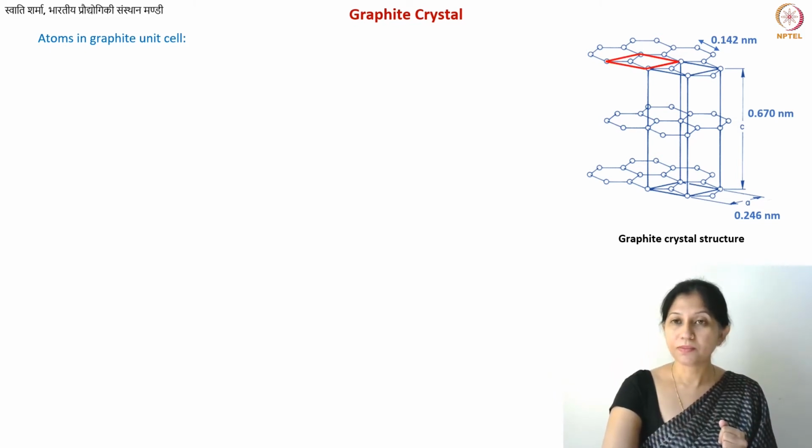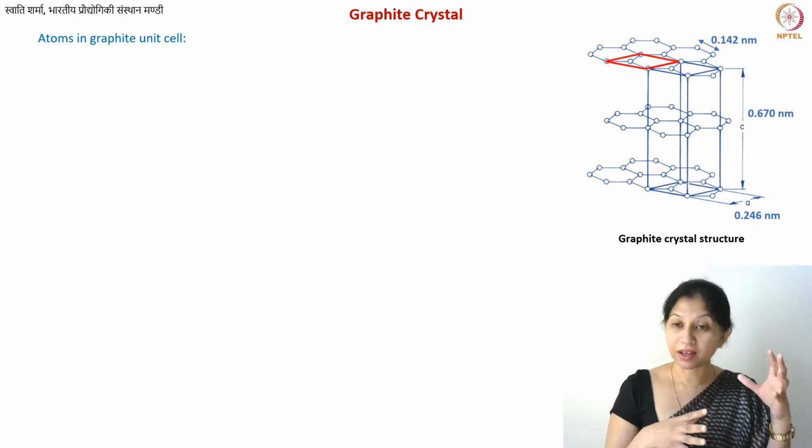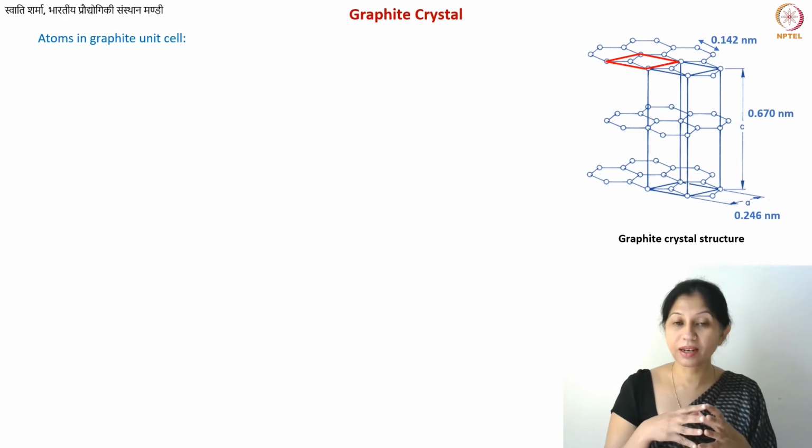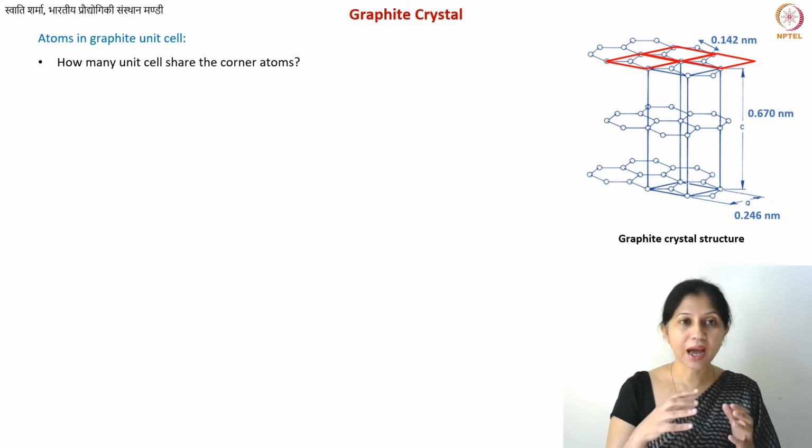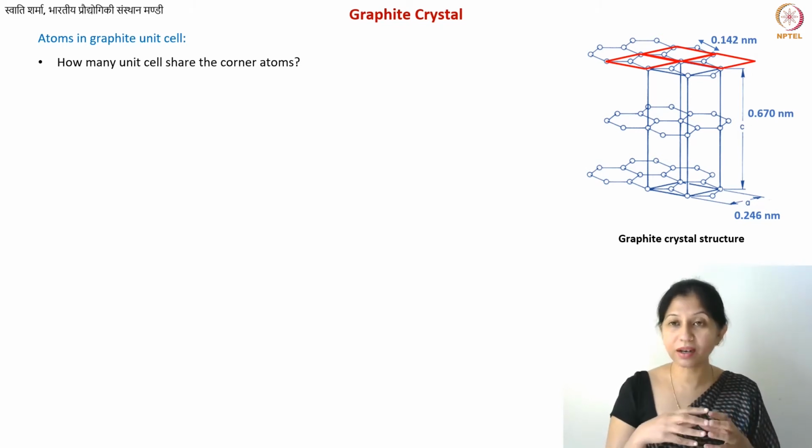Okay, so the unit cell that you see will also have other unit cells surrounding it, and it will also have the same number of unit cells on top of it. This one, with the red color, I have drawn as one neighboring unit cell. Now you're going to have not just one, but more neighboring cells. So if you think of it, how many unit cells would share the corner atoms?